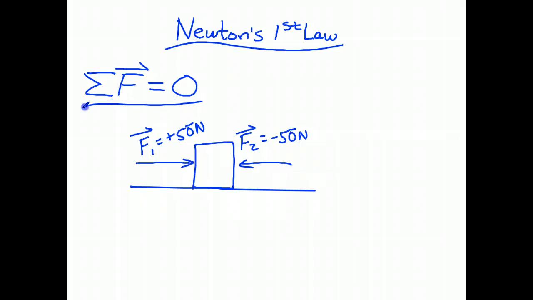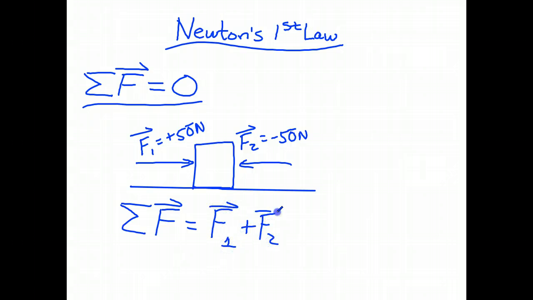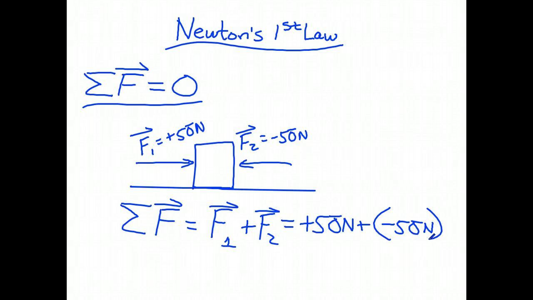So let's take a look at this equation, sum of the forces equals 0, and see how it applies here. It would be equal to F1 plus F2. We take that a little bit further, we get positive 50 newtons plus a negative 50 newtons. Now, some of you may be asking, well, why didn't you just take 50 minus 50?